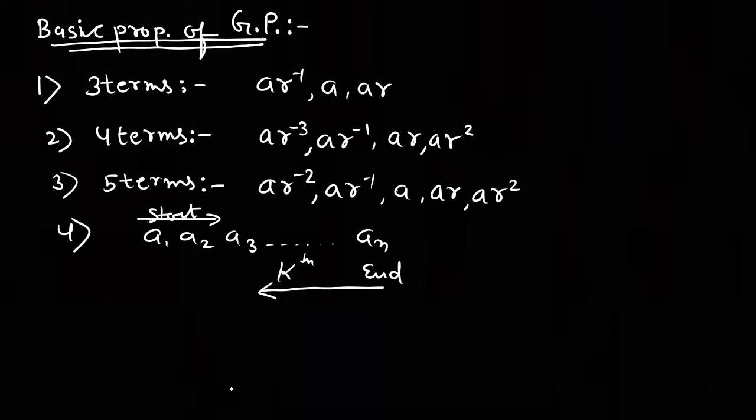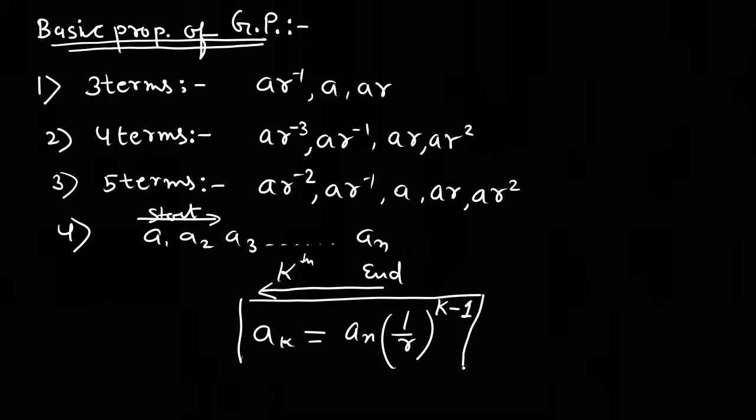Then the kth term will be a_n into 1 by r raised to the power k minus 1. So this will be your kth term from the opposite side, where a_n is the last term and r is the common ratio.